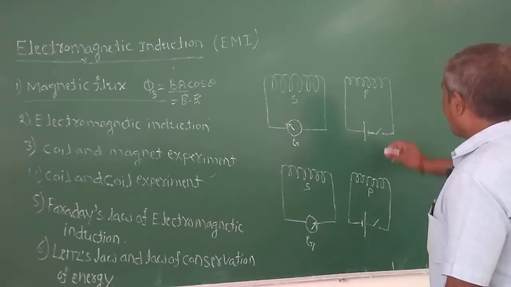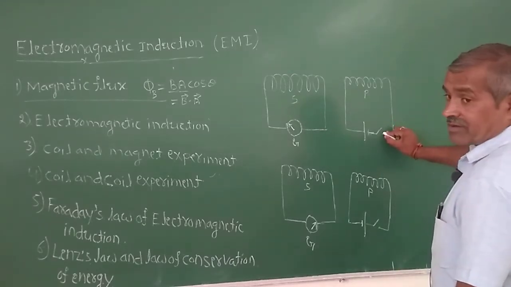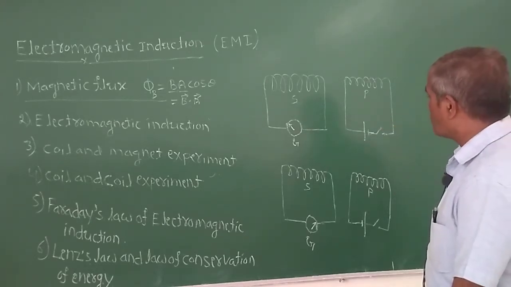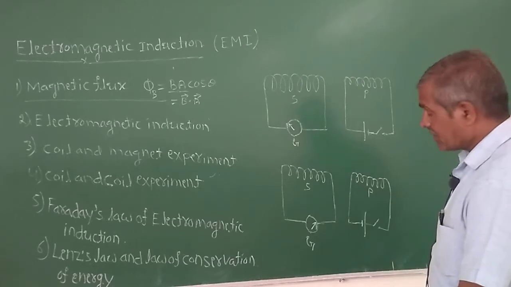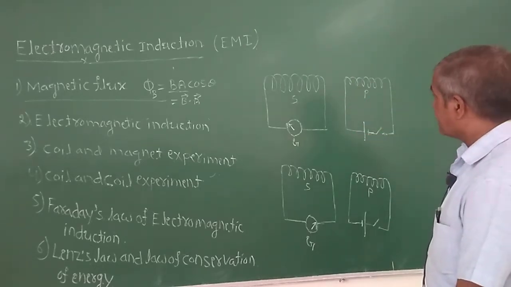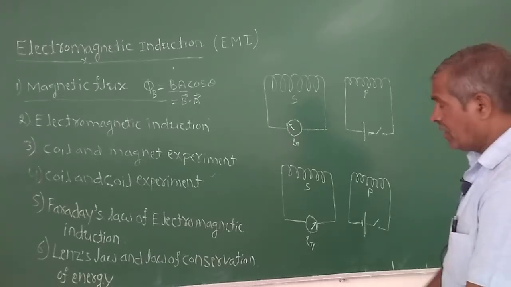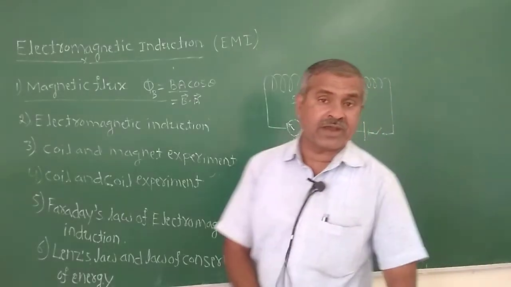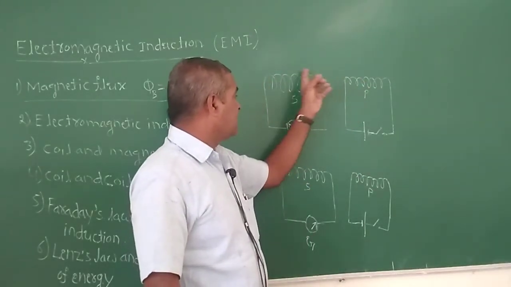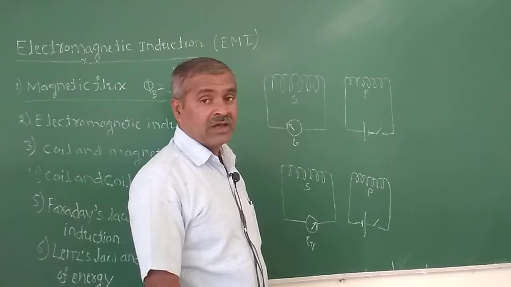When the tap key is closed, current flows in the primary coil. When current flows in the primary coil, it produces magnetic field lines. Those magnetic field lines are linked with the secondary coil.